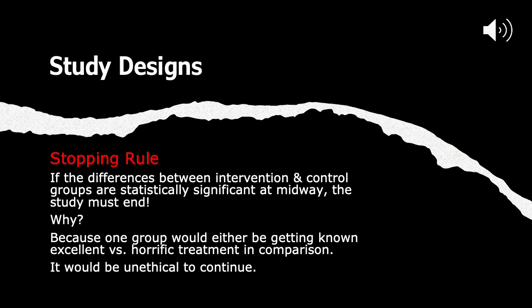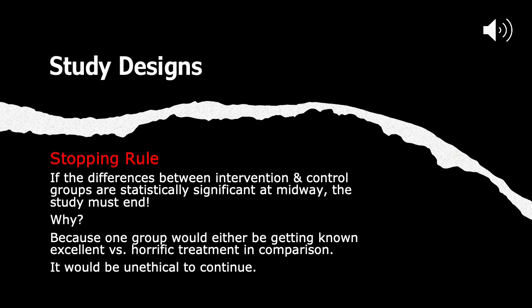It's important to know what the stopping rule is. So when you're conducting a study and you notice that there's differences between those who are getting the intervention and the control group. So the intervention group is the group that's, say, actually getting the real medication. And then there's the control group. That's the group that's getting the placebo. If there's a statistically significant difference between these two groups, the study needs to end.